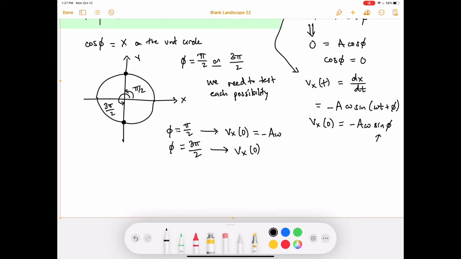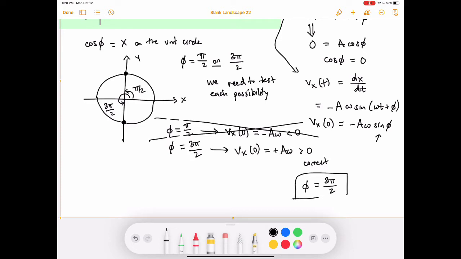So we'll get a minus 1 times minus A omega, which is plus A times omega. Okay, so one of these is negative, the other is positive. Remember, the initial velocity is supposed to be positive, which means we can rule out that first angle, pi over 2. Okay? This is the correct one. So therefore, phi is equal to 3 pi divided by 2. Okay, that's how you do this.